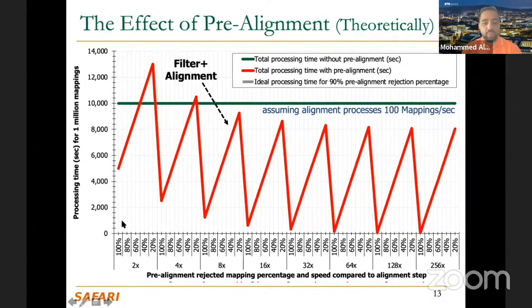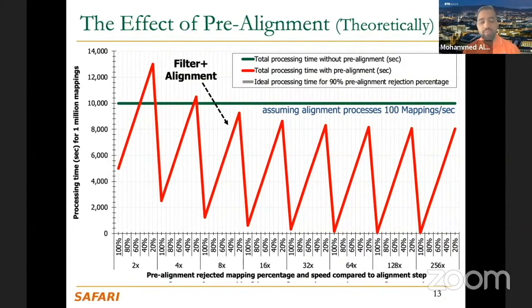Now, as we reduce the rejection rate, the filtering time starts to dominate, and it can even be slower than sequence alignment alone. If we reject only 20% of the pairs at the peak, and 80% of the pairs go to the alignment, then what will be the total execution time?